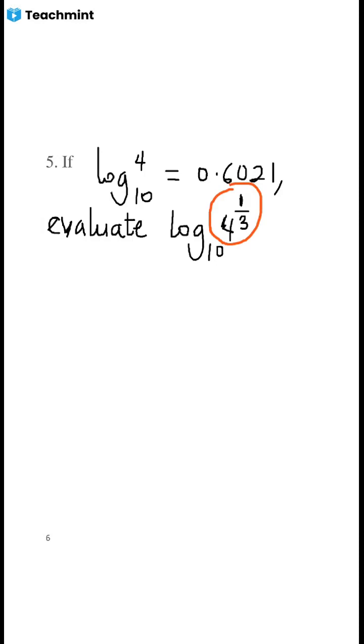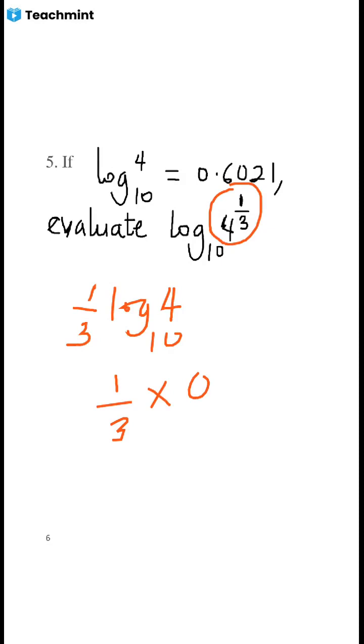If you want to do this, we bring the power down. The law says we bring the power down. So this is the same as 1 over 3 log 4, base 10. And we have already been given log 4 base 10. So that means 1 over 3 multiplied by 0.6021.